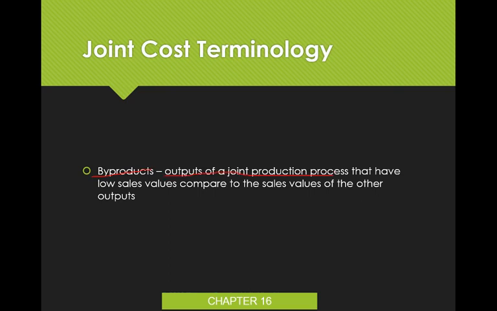It's an output with a positive sales value, but a low sales value compared to the sales value of the other outputs. So if we have an output with a low sales value compared to the others, like products number 4, 5, 6 in the previous example, where product number 4 has a sales value of 1,000 and product number 5 has a sales value of 2,000, compared to products that have sales values of 1 million or 2 million, then the products with low sales value we call by-products, in Arabic, منتجات جانبية.